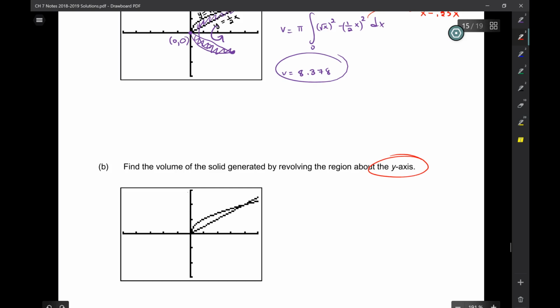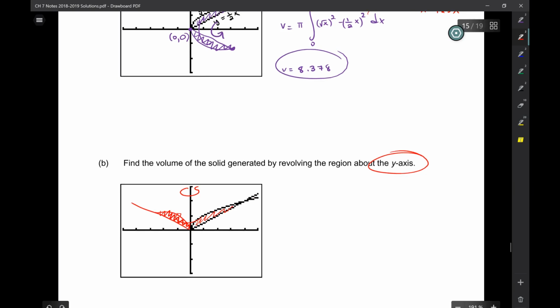Okay, now it says find the volume of the solid generated by revolving the region about the y-axis. So now I want to revolve around the y-axis. Okay? That means this region is going to get revolved around here, and it's going to look like this right here. Okay? So now that it's around the y-axis, things are going to be different. Now when it's on the y-axis, it's got to be y, dy, y equals c to d.